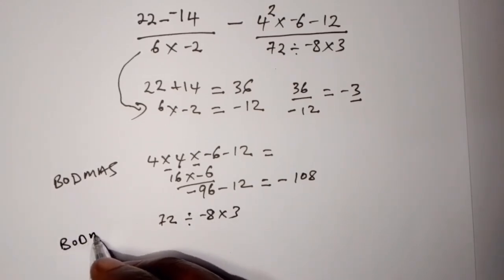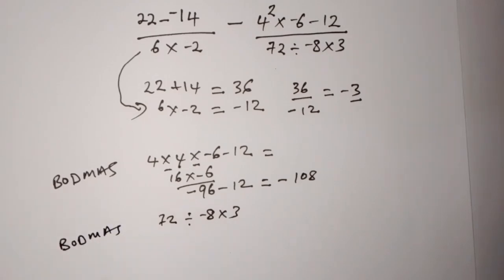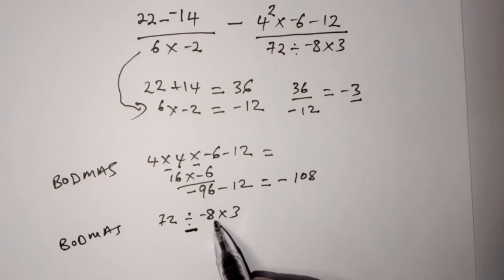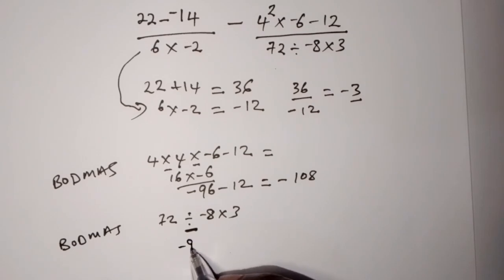We use BODMAS to solve it. Bracket, of, division. So this is division. So we divide 72 by negative 8, which is giving us negative 9.